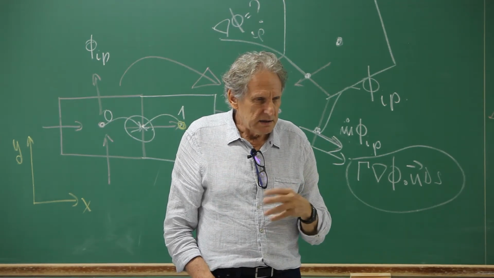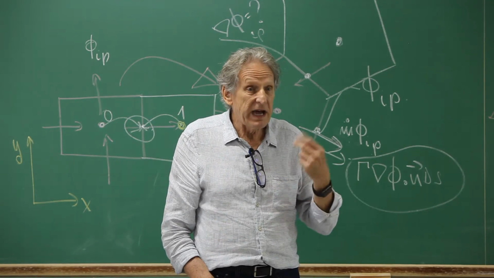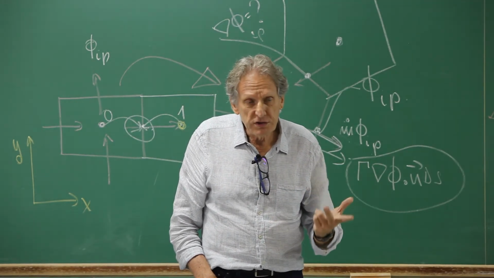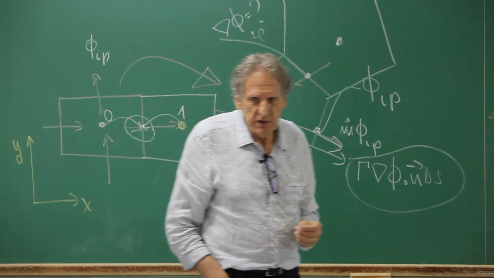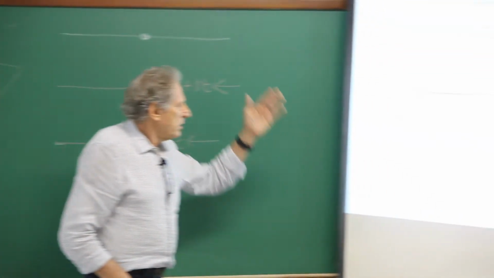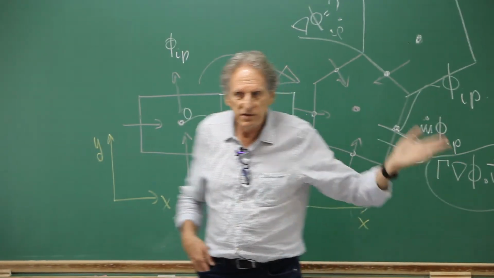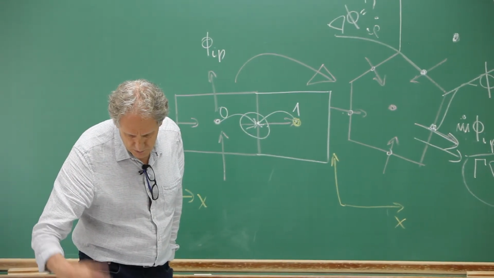So telling that refining the grid doesn't help to reduce the truncation errors, it doesn't sound good. It really doesn't sound good. This slide just says what I've just remarked to you.